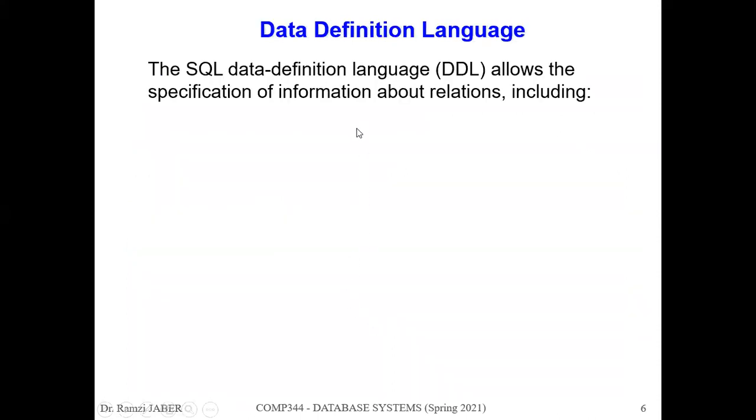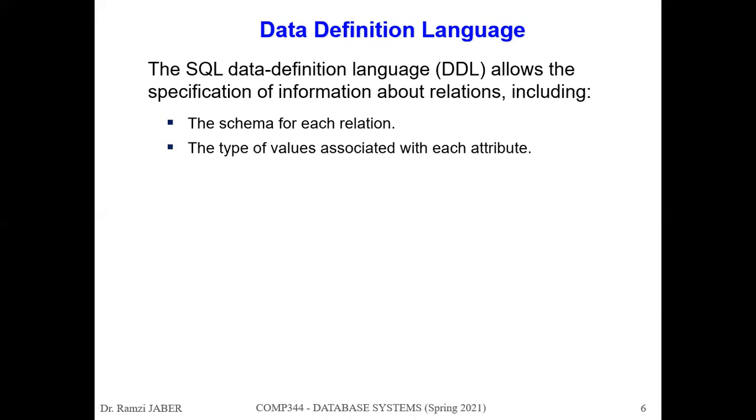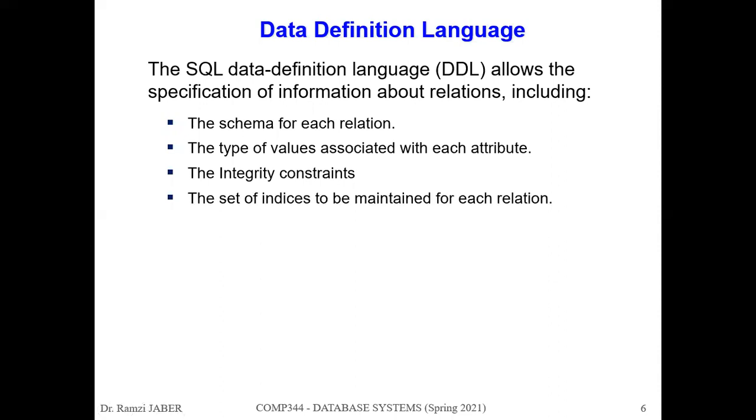Okay. Data definition language, the SQL DDL, allows us to specify information about relations, including the schema for each relation, the type of values associated with each attribute or field or column, and the integrity constraints, which attribute, which column, or which field is the primary key or foreign key, and so on.